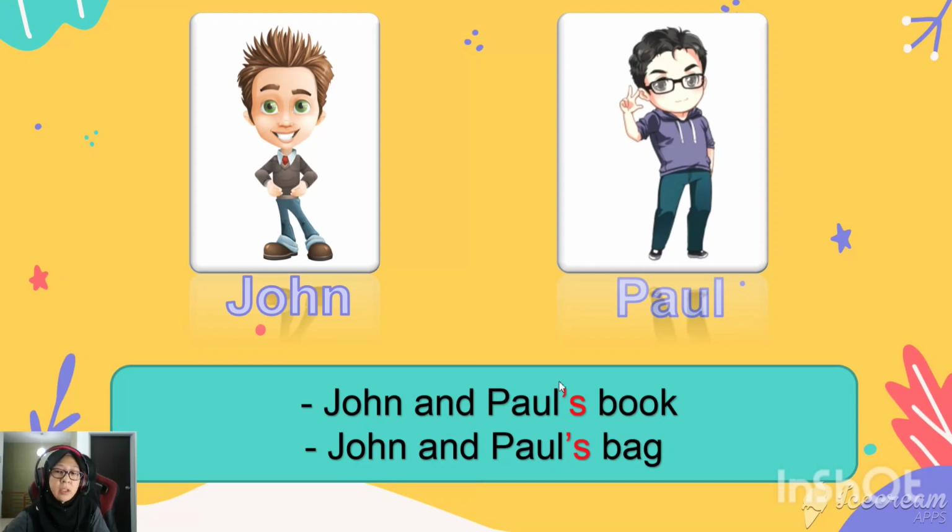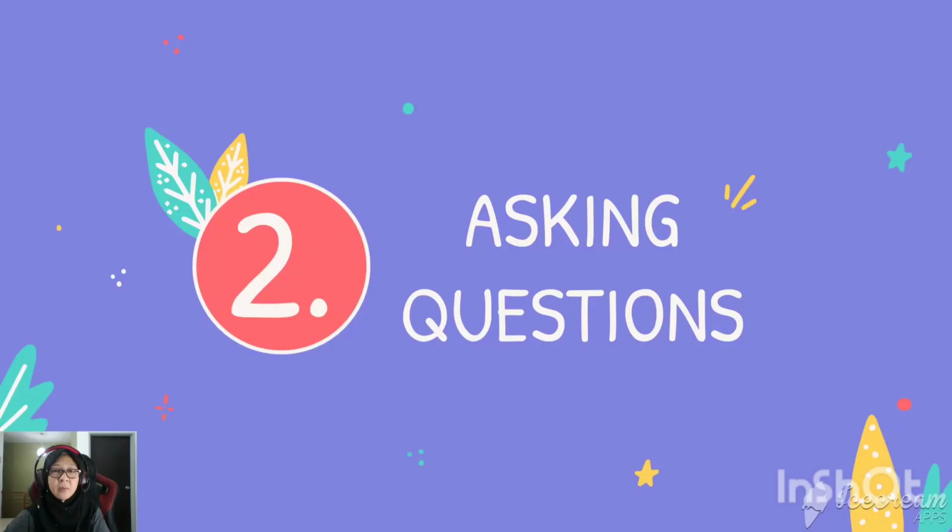We have to put apostrophe s after the second name: John and Paul's book, or John and Paul's bag. So we can't put apostrophe for both names. We have to put apostrophe after the second name. Is that clear? Good. Now, the second topic is about asking questions.